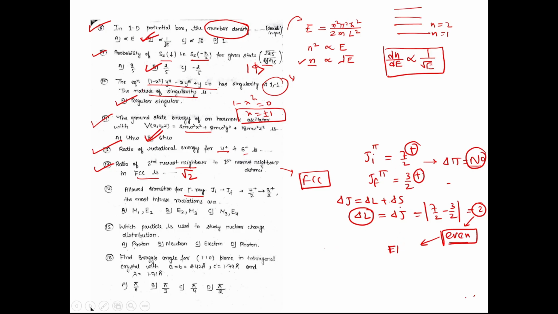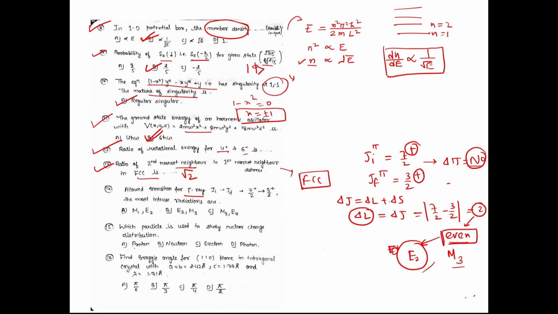So here ΔL is 2, that means it indicates the electric pole, the E2 case. E2, and corresponding to M3, I think. So ΔL is 2, that means for no change in parity, that is E2.